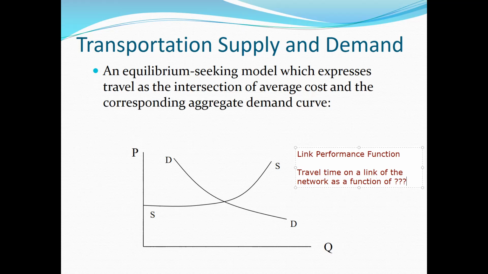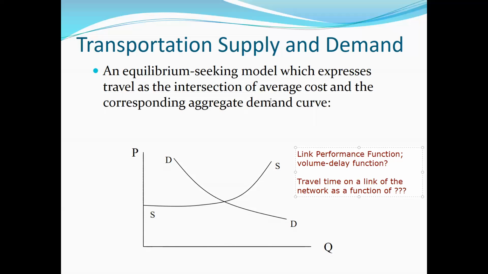It was travel time on a link of the network as a function of some quantity. Remember what that quantity was? This is one user's travel time on the link of the network as a function of, nobody remembers it from 321? I'm going to go ahead and pause for a second then. No? Okay. That's all right.